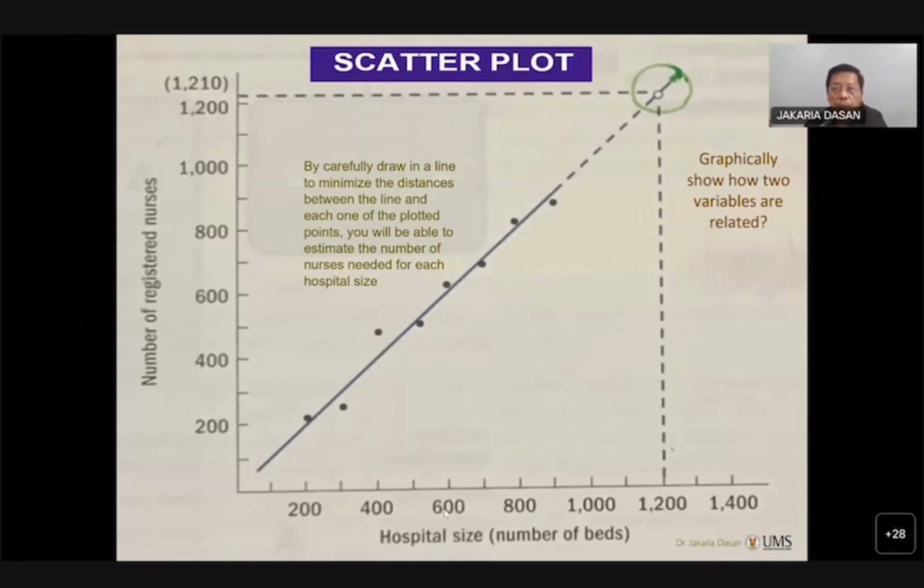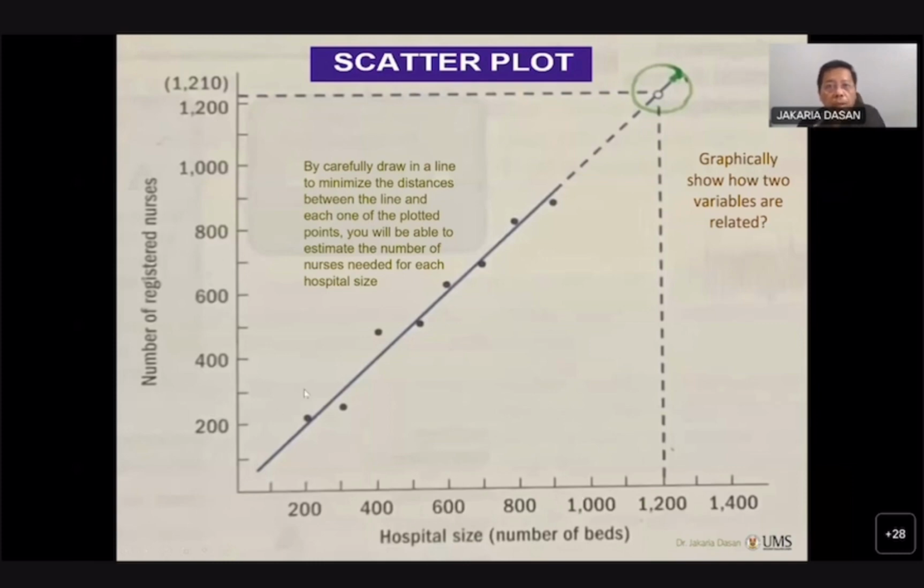And we are made to understand that the extra room or rooms is only capable of having 1,200 beds. So the issue that the hospital needs to solve is how many nurses they should employ to man one bed, for example.